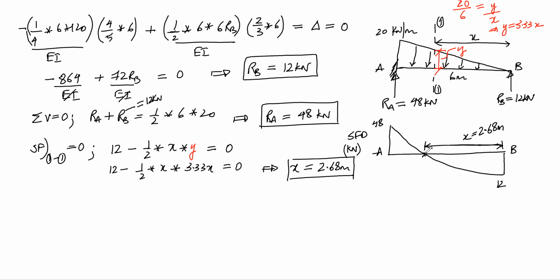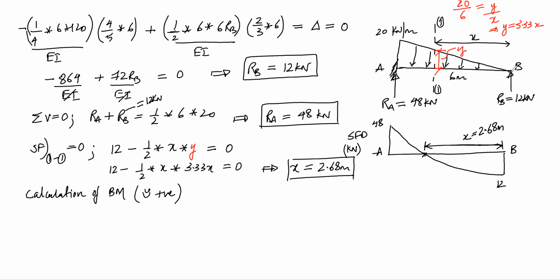So now to draw the BMD, we have to calculate the bending moment at various points, and the sign convention we use is sagging bending moments are positive. So now we know at the prop the bending moment will be 0 because it is an end support.